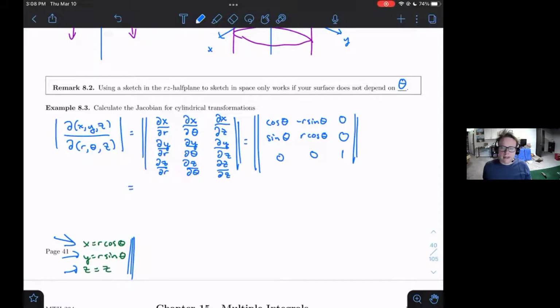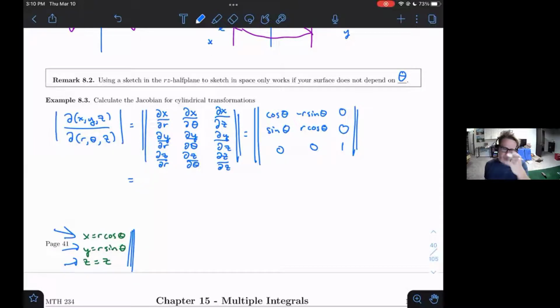Now let's go ahead and take the determinant of this. Well, this one's a little bit funny because we're used to having these matrices, we've been doing them for a long time, where we have i, j, k across the top, right? And yet for this one, we're going to have stuff with cosine of theta, that's the first bit here. And then minus stuff with negative r sine of theta.